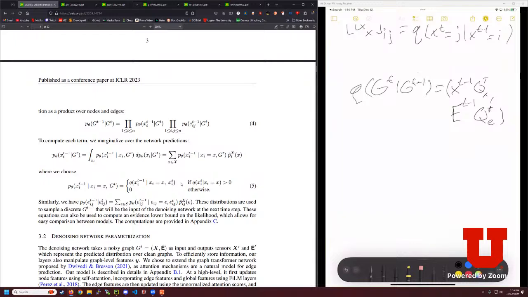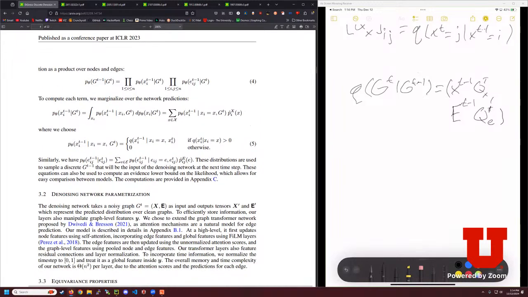And typically this would be a problem because the diffusion model is not sparse. However, we're going to define a distribution that adds sparsity to the matrix.